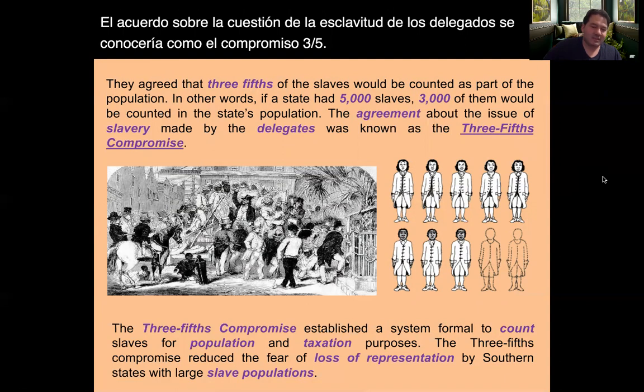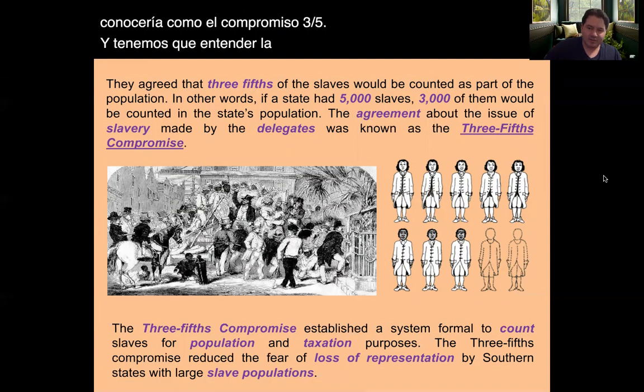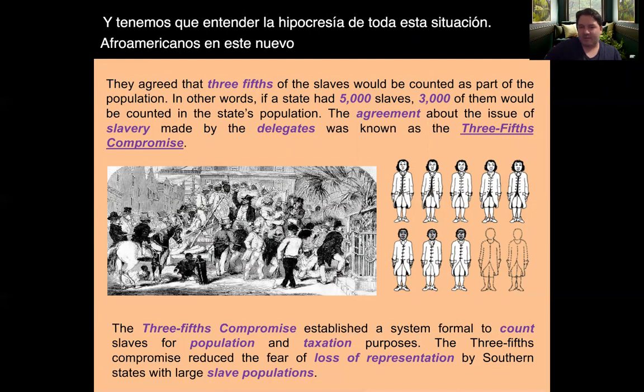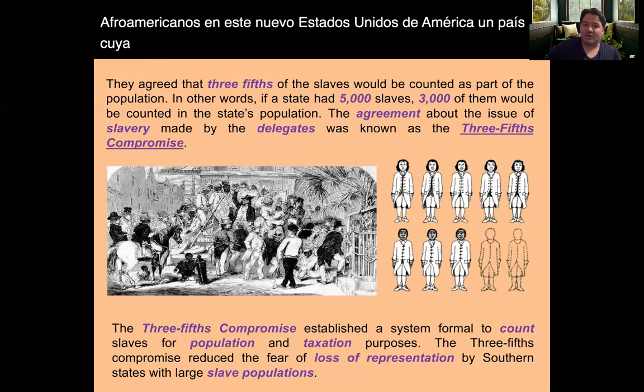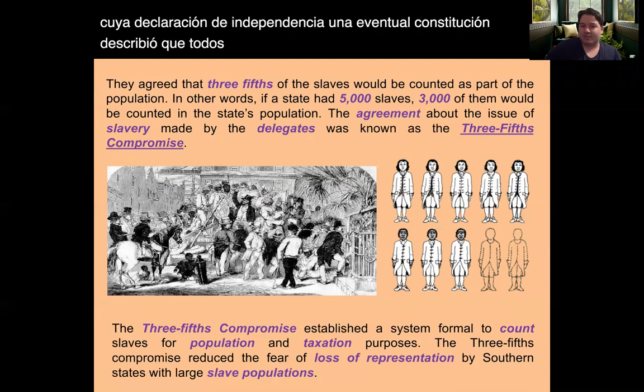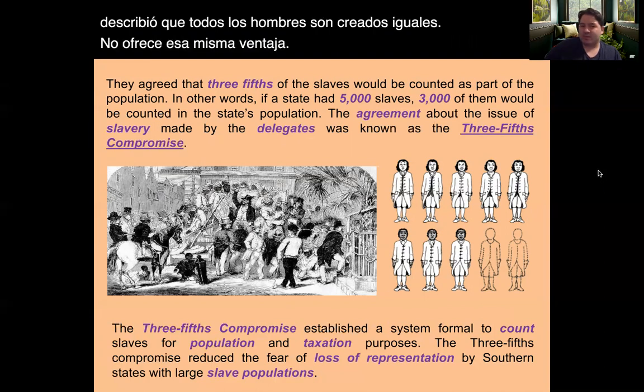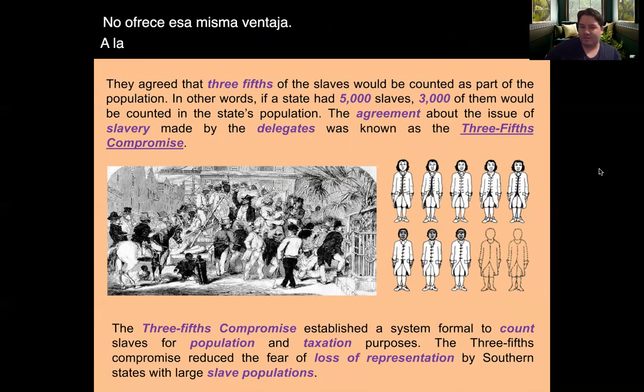And we have to understand the hypocrisy of this entire situation. African Americans in this new United States of America, a country whose Declaration of Independence and eventual Constitution describe that all men are created equal, are not afforded that same advantage as people of color, as African Americans, as slaves.